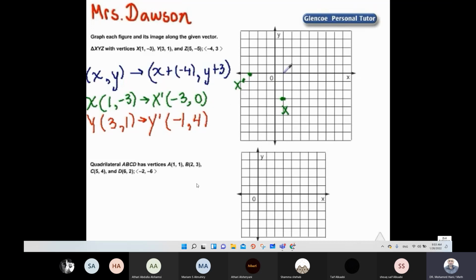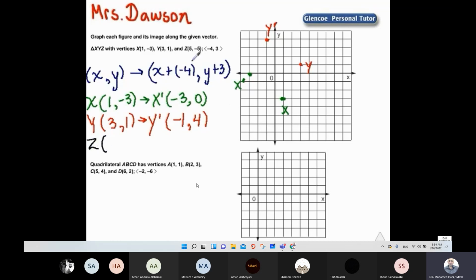So the original point (3, 1), which was Y, is translated 4 units left and 3 units up. And that's located at (-1, +4). This will be Y prime.